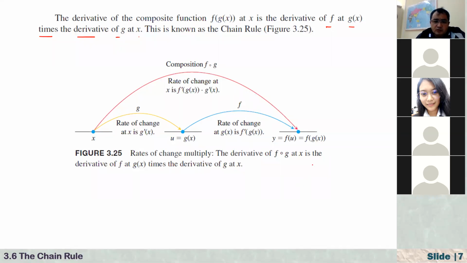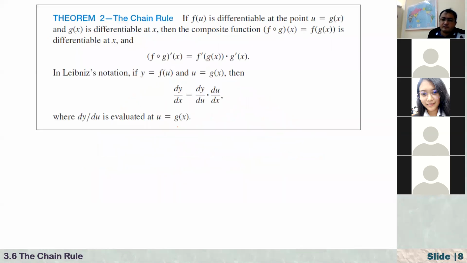Here we have x, and here we have g of x. By using the g function, I'm mapping x to g and then using f mapping on that to get y. If you want to differentiate y with respect to x, it says first differentiate y with respect to g and g with respect to x, and just multiply the results.